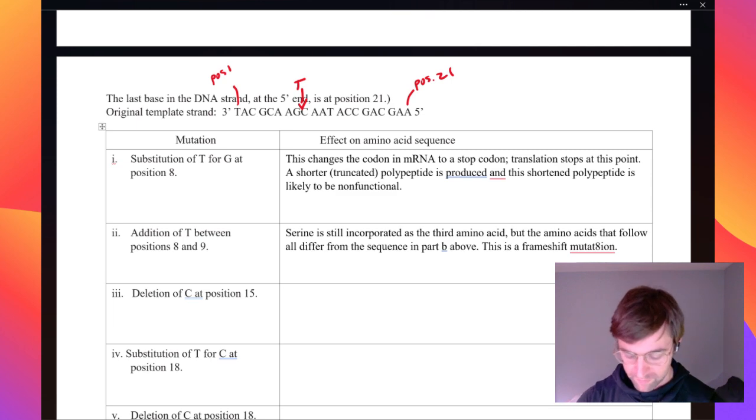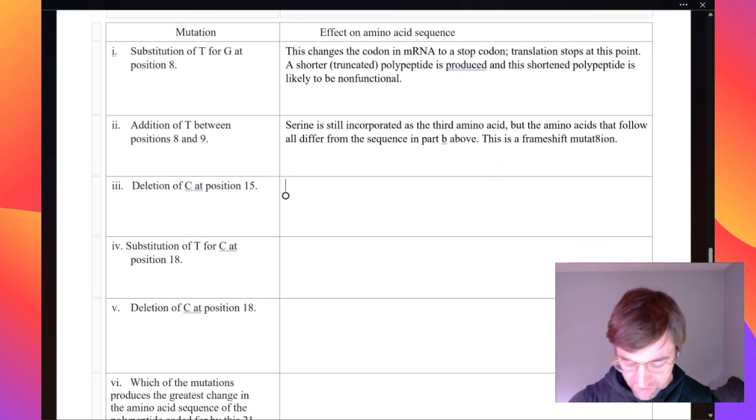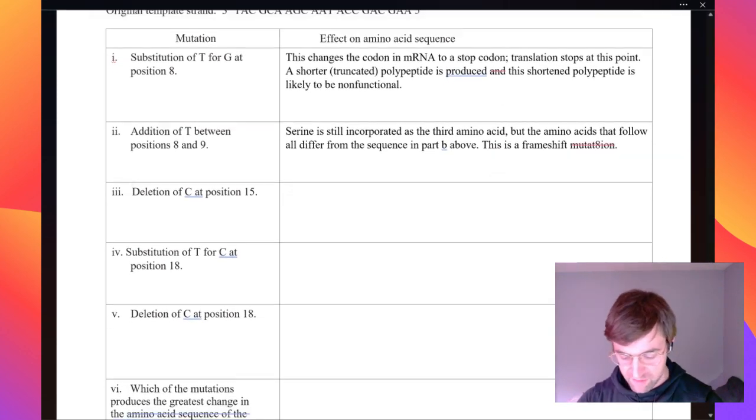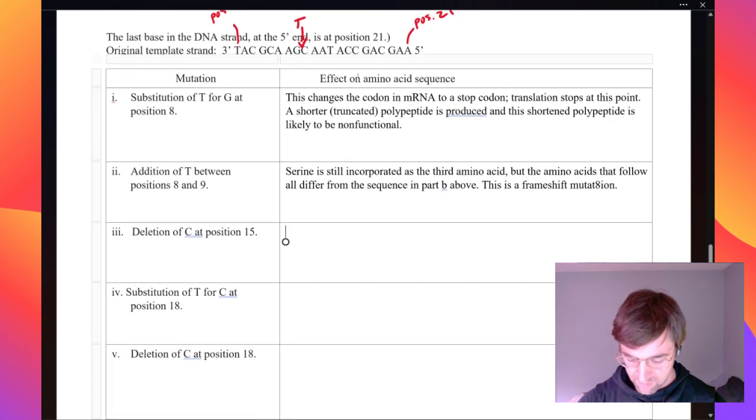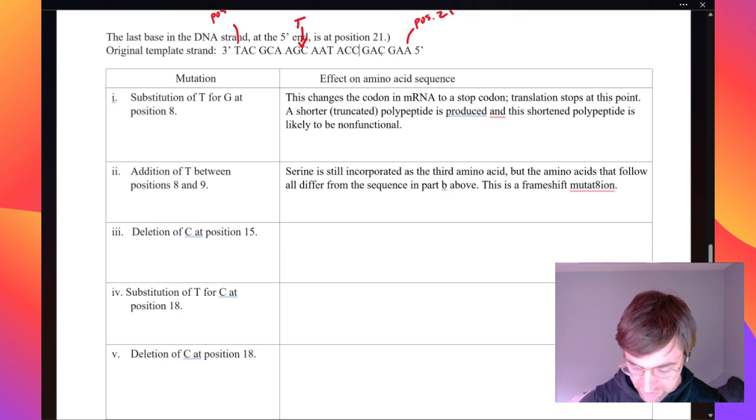Cool. Deletion of C at position 15. So 3, 6, 9, 12, 15. Deletion of C. The first 4 amino acids would be unaffected.